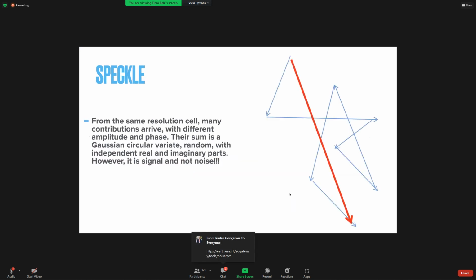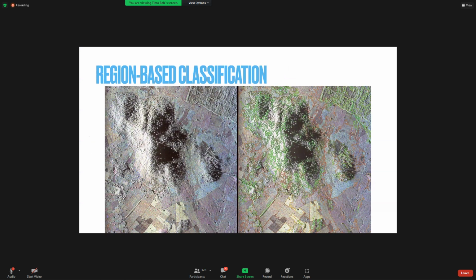However, we have the Speckle effect, also for sure in polarized data, so we have to deal with that. One way to deal with it is averaging the data, and it is then recommended to use some kind of region-based classification. So do not use pixel by pixel classification, but instead try to segment the area into regions and then classify these regions, using statistics on these regions to remove the Speckle effect.